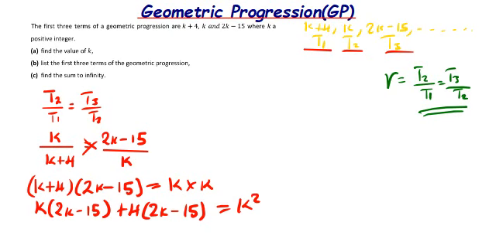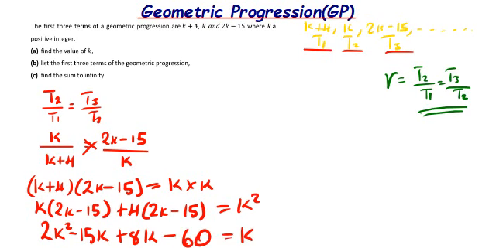So k multiplied by 2k is 2k squared, k multiplied by negative 15 is negative 15k. And then positive 4 multiplied by 2k is positive 8k, and 4 multiplied by negative 15 is negative 60, which will be equal to k squared.